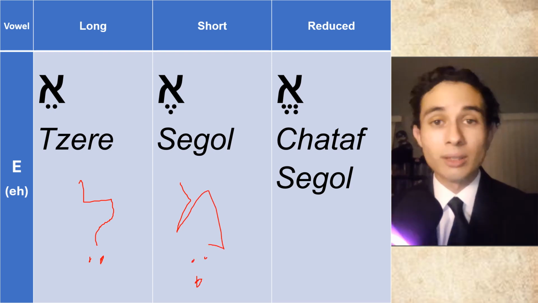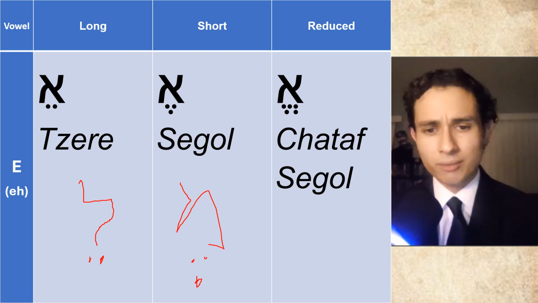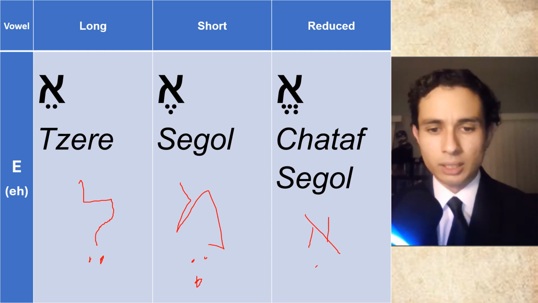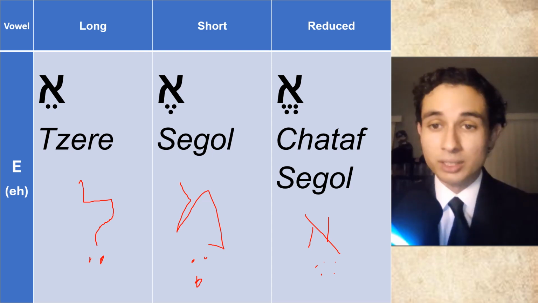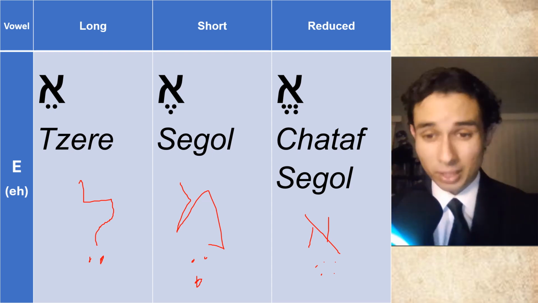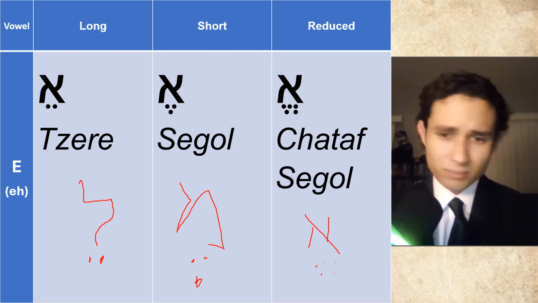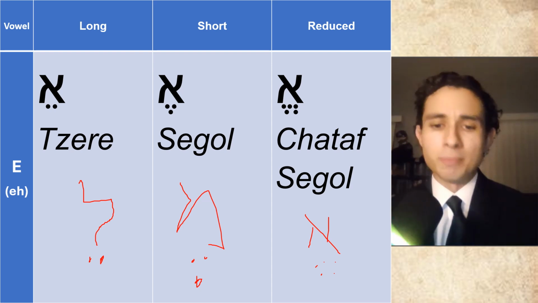We're doing consonant vowel: me. And then finally, let's just do the aleph and the chataf segol. Aleph is a silent letter and you're going to see this. The most popular example I can think of is the word Elohim, which is God or power, mighty one. Elohim does start with that chataf segol.